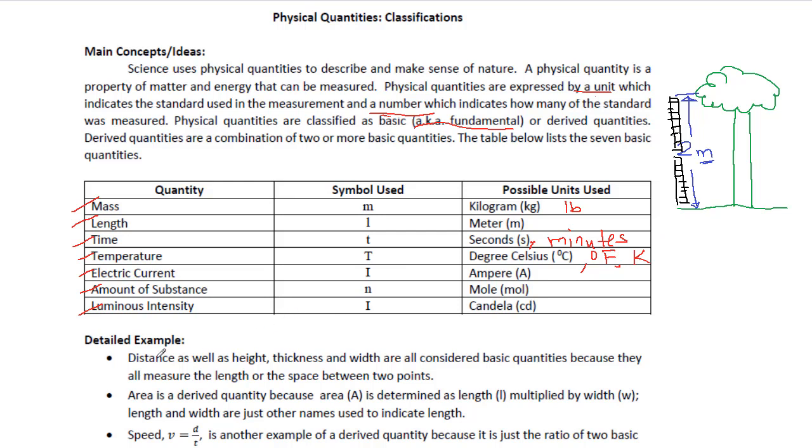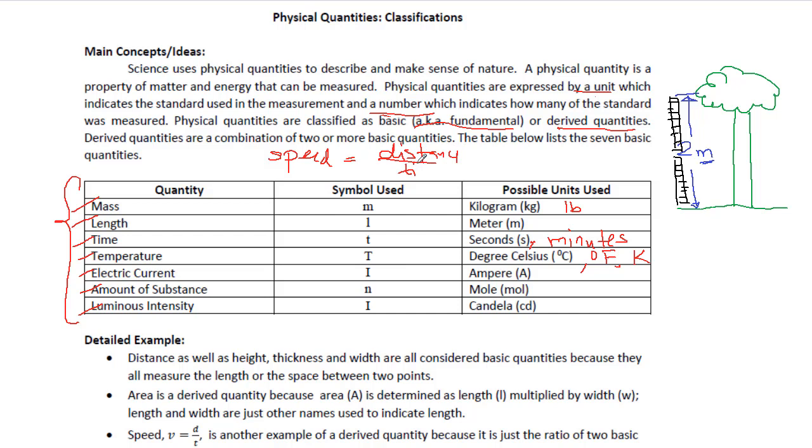By the way, with these 7, the rest of the quantities can be derived from them. Those are what we call derived quantities. For example, if you see a fast moving car, perhaps you are interested in its speed. And in that case, speed is just distance, how far the car travels, divided by time.